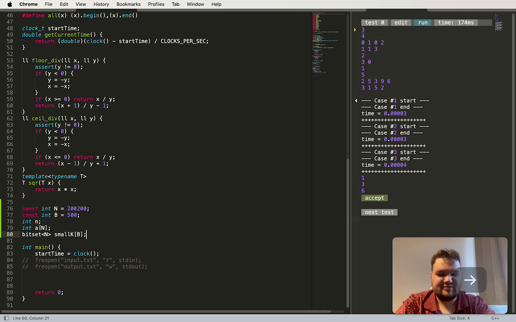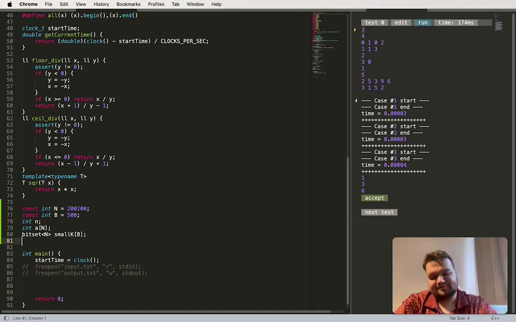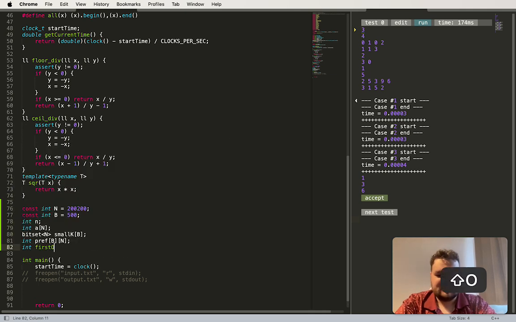You can store just one bit. Then for ignoring values that are smaller than 1, 2, and so on, up to square root of n, we need to store prefix sums, and also first occurrence of given prefix sum.